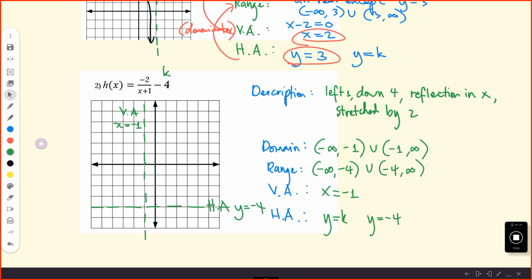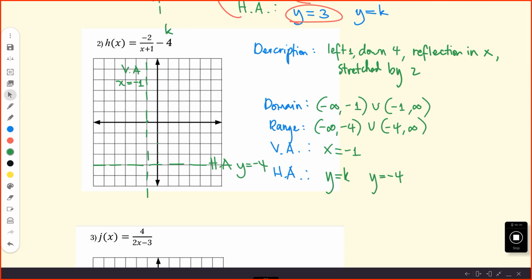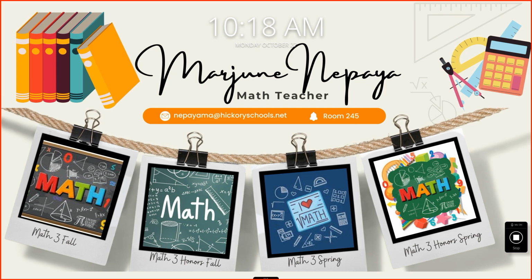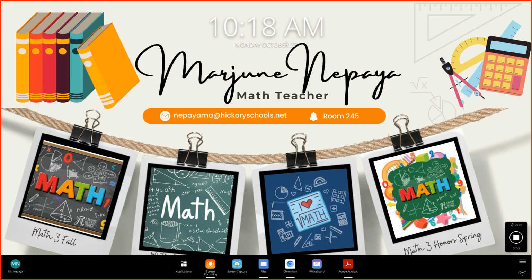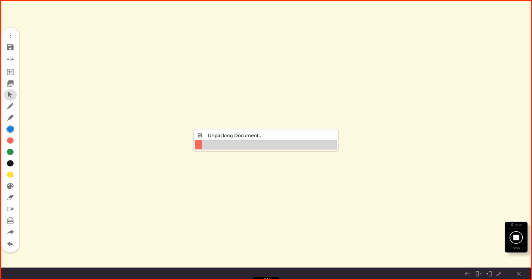Now since there's a reflection, from the left side, instead of starting at the bottom, the graph will be on top. You can check on your Desmos, it's going to appear like this. And then this. I'm just going to draw the estimate of the graph, just let me know if you're not able to copy the other parts.